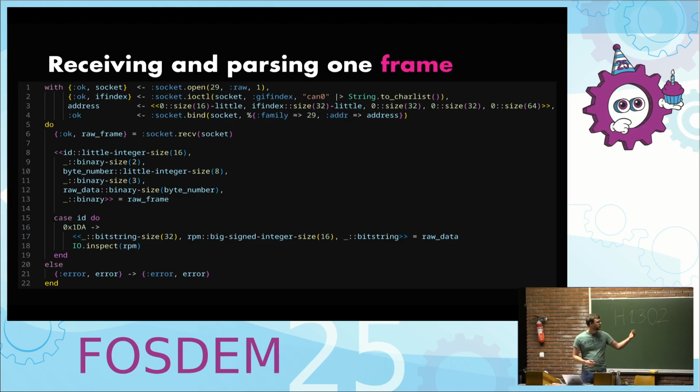We skip 2 bits, we extract the number of bytes in the data, skip 3 bits again, and then we extract the raw data based on that number we just found. And then if the ID matches, we will extract the RPM value as a Big Endian signed integer and then just show it on the console. So it's quite concise, it's quite readable according to me. It's quite different to what we would see in some other languages if you already did that. So you could feel that it's a good match.